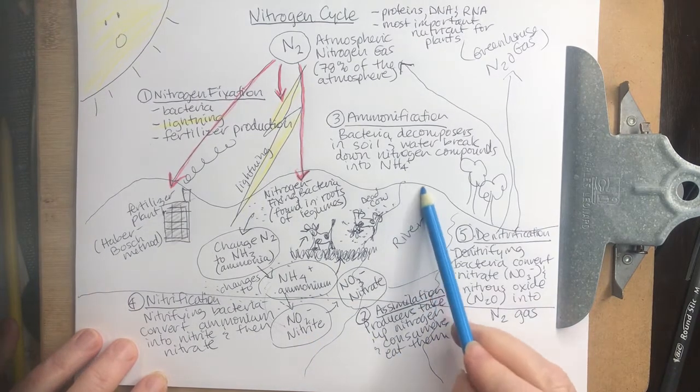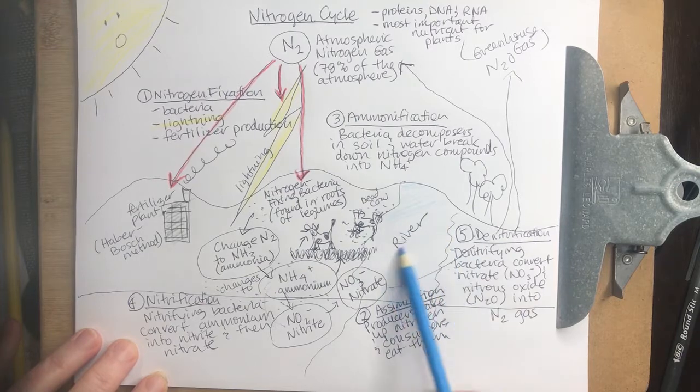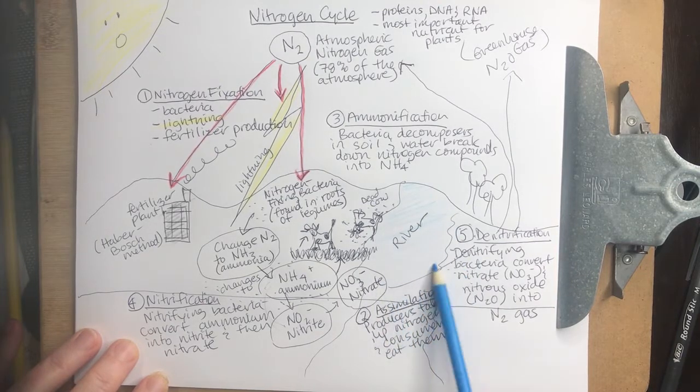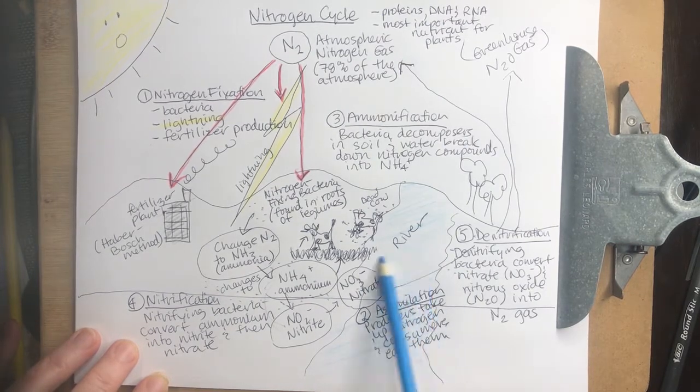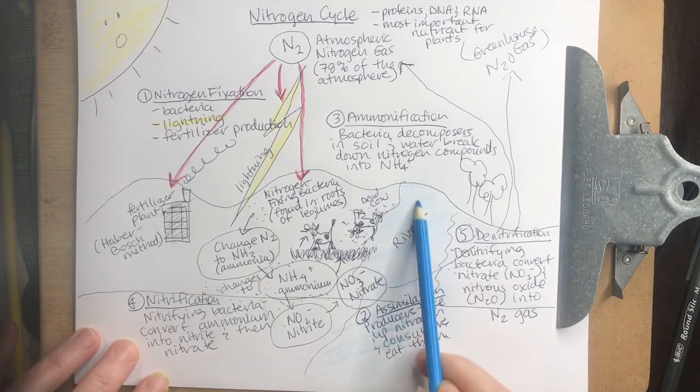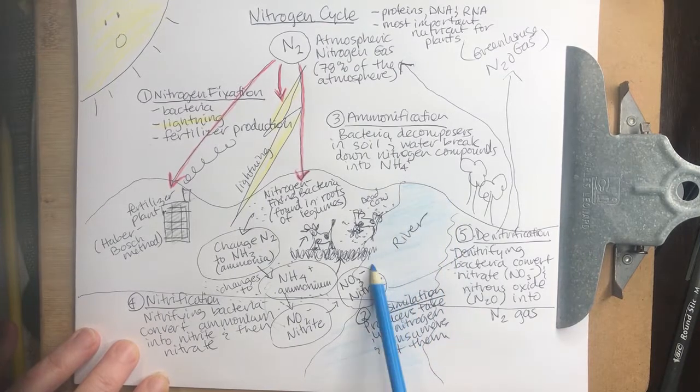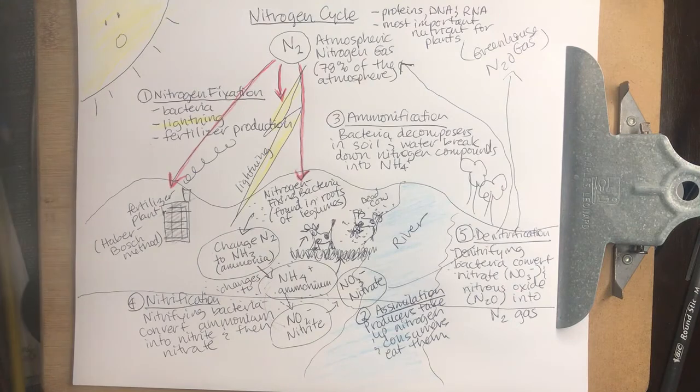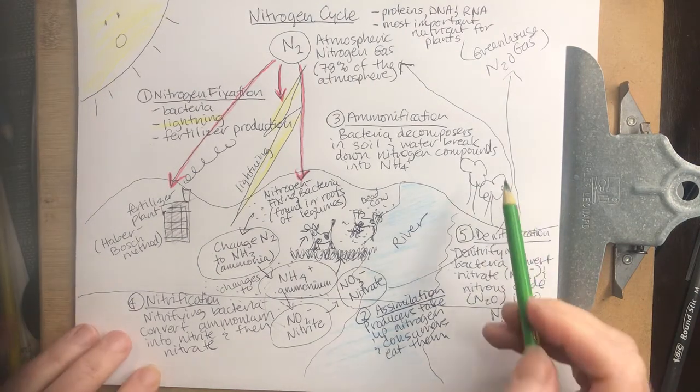One of the things we're going to be talking about is what happens when we have too much nitrogen in the environment. It's eventually going to wash into our bodies of water and lead to the process of eutrophication, which leads to algal blooms, which leads to dead zones, and that's a huge issue we're going to be hearing more about.